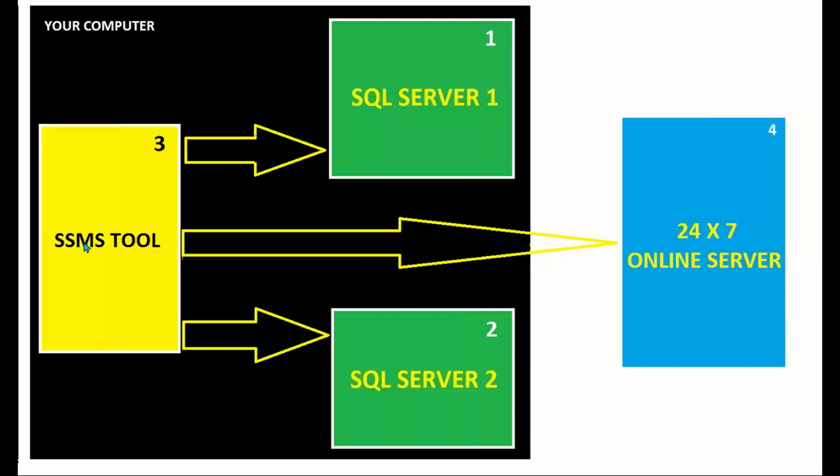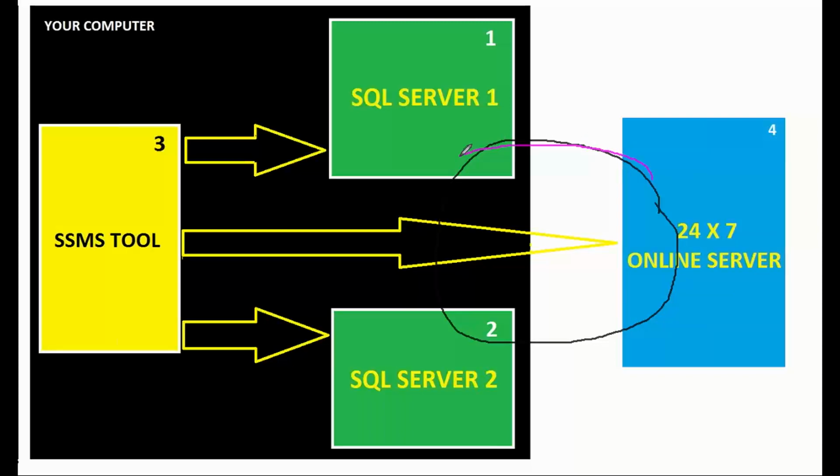Here, for our lab work, 2 servers, one tool, and of course, additionally our online server licensed copy, to understand the differences between trial copy and licensed copy. And more importantly, linking, fetching data between multiple servers.